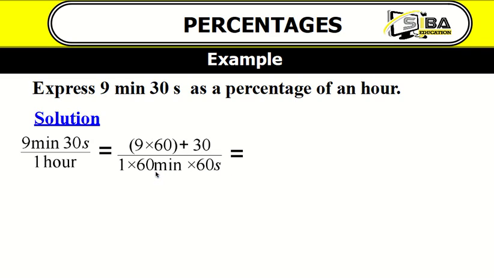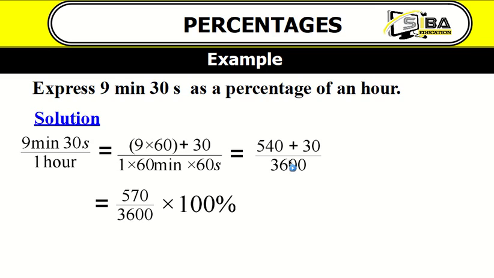So multiply by 60 minutes and again 60 seconds. And this is what we have. 9 times 60 is 540 plus the 30, right? Then 1 times 60 times 60, that is 3,600. So in all, it's going to be 570 out of 3,600, I beg your pardon, times 100.